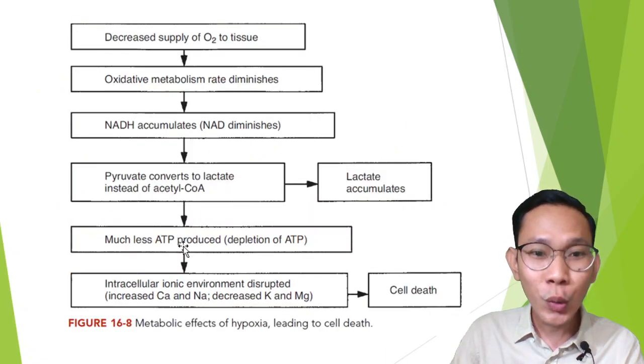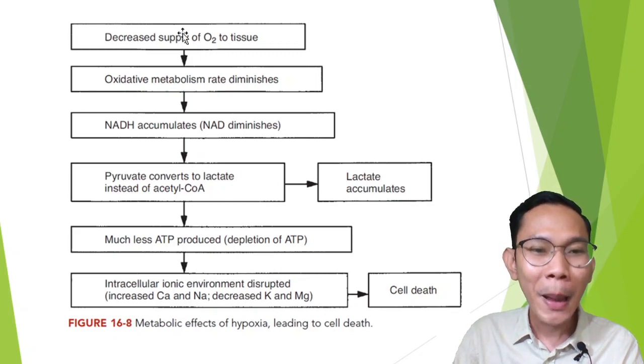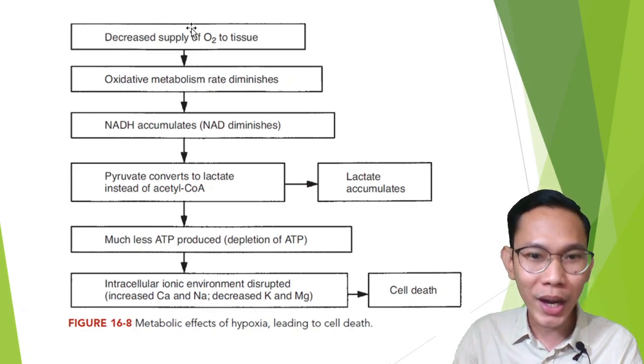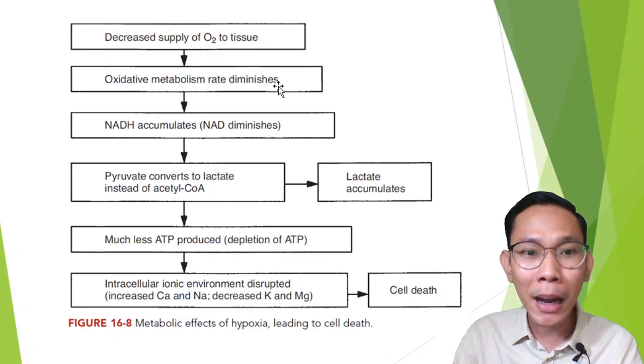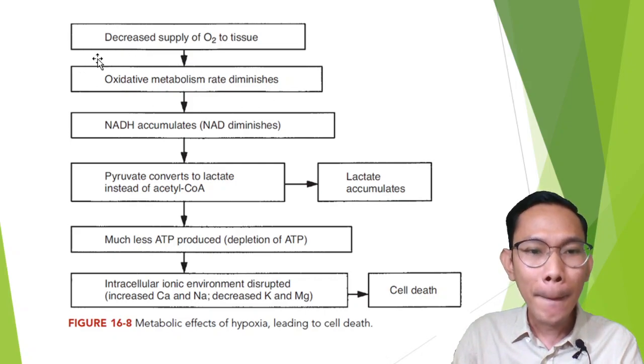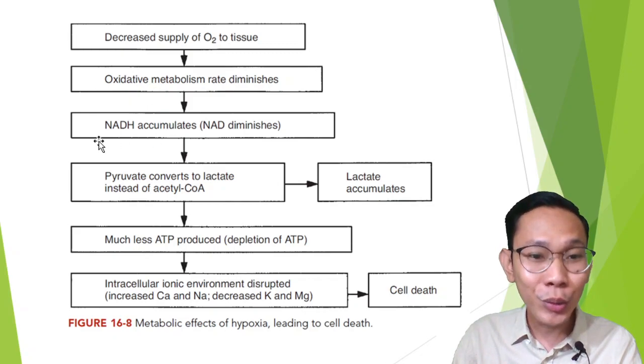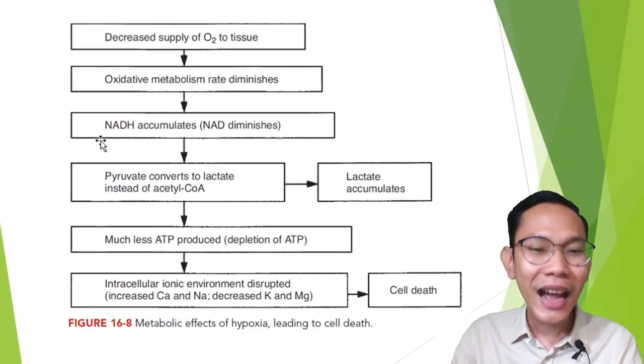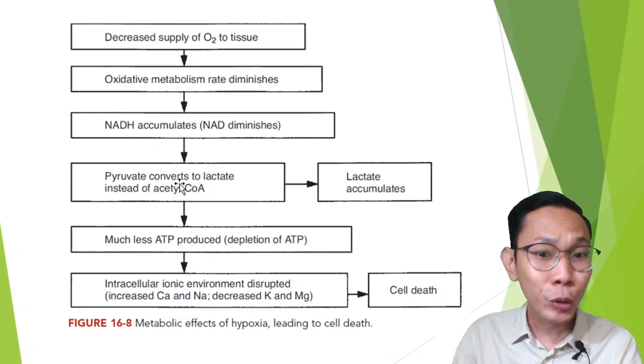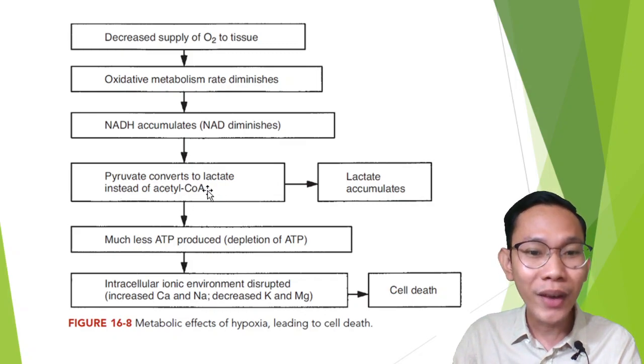So again, let's review what we discussed. Your lactate, remember, pag mababa ang oxygen sa ating katawan, anong nangyayari? Oxidative metabolism rate diminishes. So, mababa ang oxidative metabolism, meaning it will not undergo oxidative phosphorylation. Pag hindi ito mag-undergo ng oxidative phosphorylation, anong nangyayari? Nag-a-accumulate ang reduced nicotinamide adenine dinucleotide. So in short, pag mataas ang NADH, your pyruvate converts to lactate instead of acetyl-CoA.